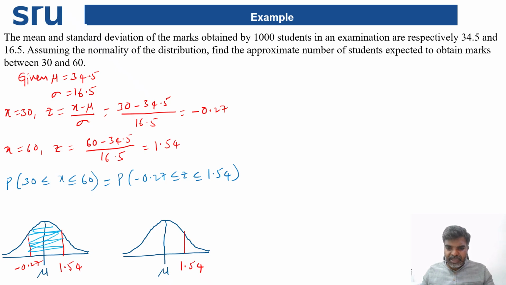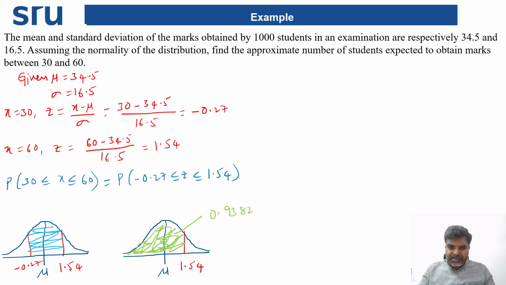Left side area means you will find this area. This is the area we can obtain from the table. If you see the table, you will get 0.9382. This is the area from the table.